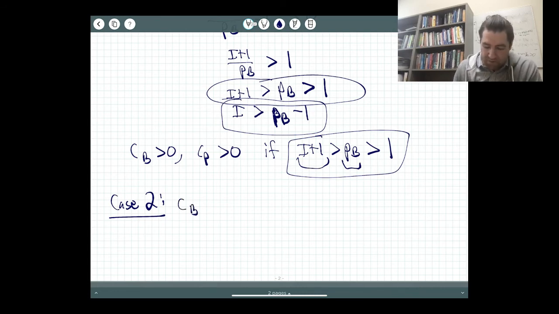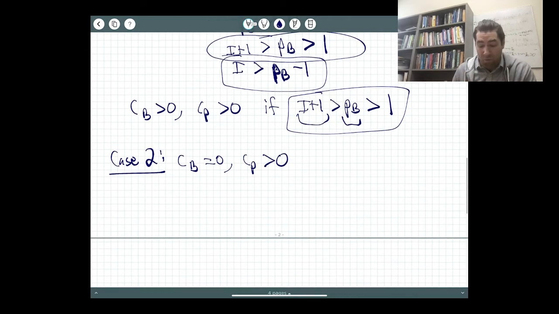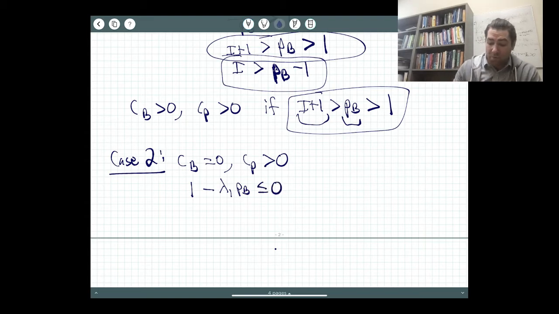So let's just start, say CB is 0, but CP is strictly positive. So now the first order condition for beer is less than or equal to 0. So I have 1 minus lambda 1 times PB is less than or equal to 0. So the only thing that really does is rule out using that first order condition to solve for anything. I can't solve that for lambda 1 because it might not be equal to 0.